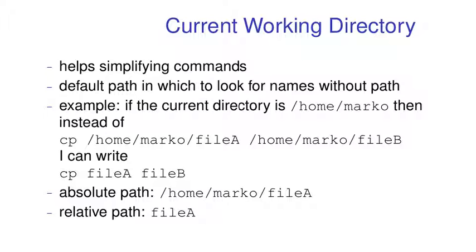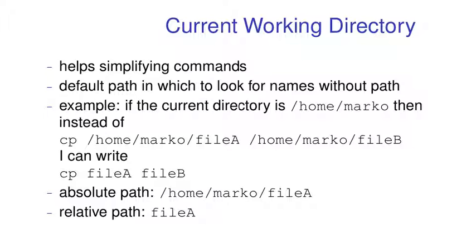So, if my current directory is /home/marco, I could write cp file A, file B instead of the much longer cp /home/marco/file A /home/marco/file B. Or I could write ls instead of ls /home/marco. I will explain these commands in a moment.